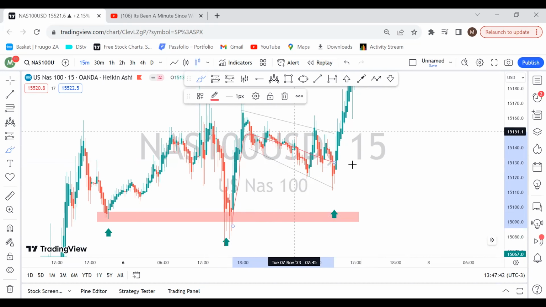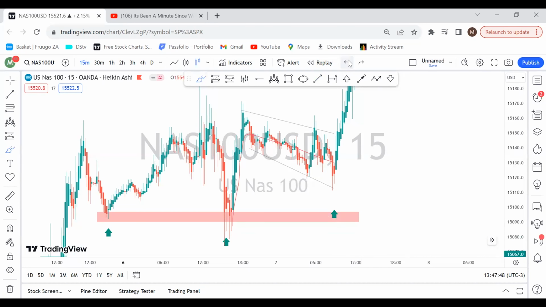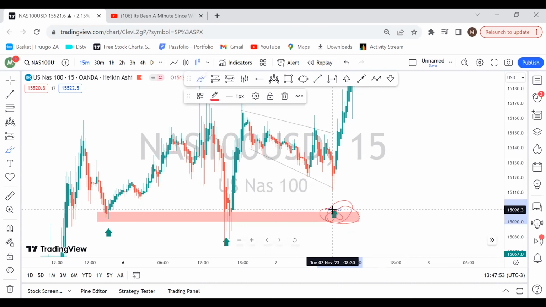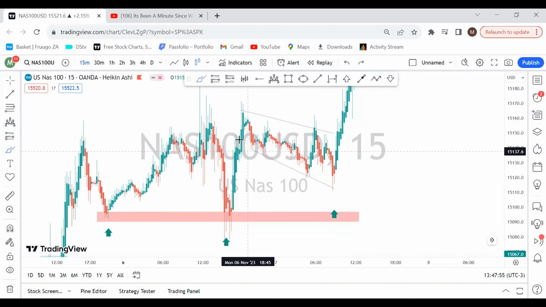And what kind of correction is it? It's a continuation correction. So that's why the price didn't reach this level. Instead, it corrected another structure.